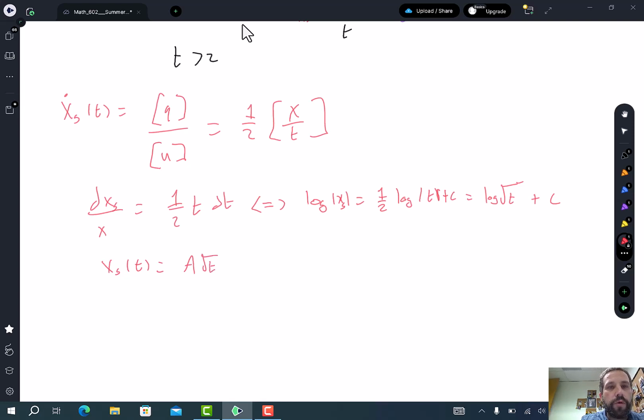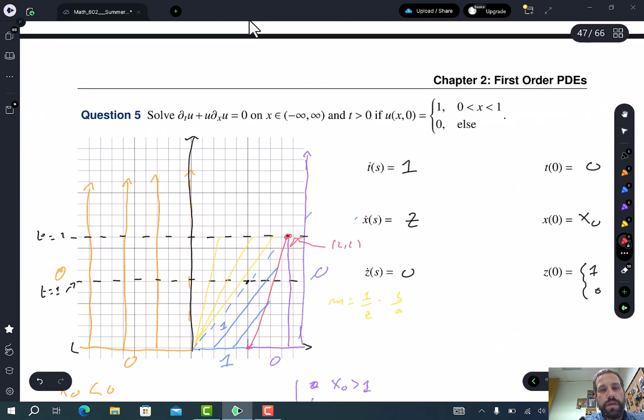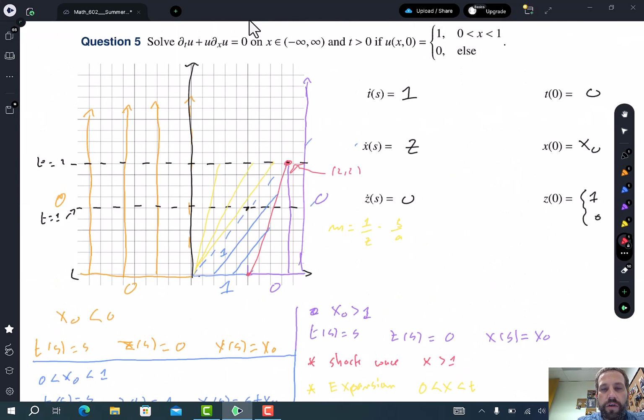Okay, well, how can we find out what the constant is? So let's go back to our characteristic diagram. Well, the shock location first happens, what is the value of t where the shock location first happens? Well, it's going to be right here where t is equal to 2. So I know that the shock location first happens when t is equal to 2 and x is equal to 2.